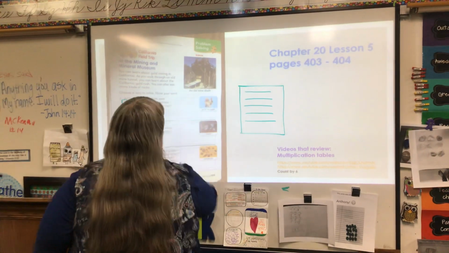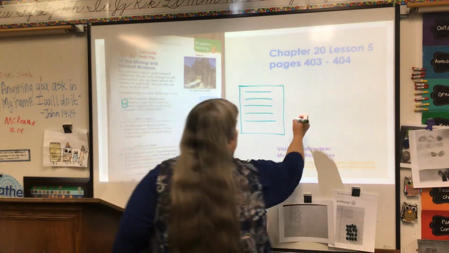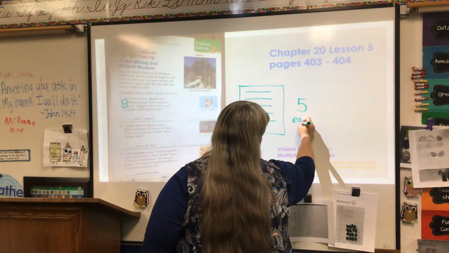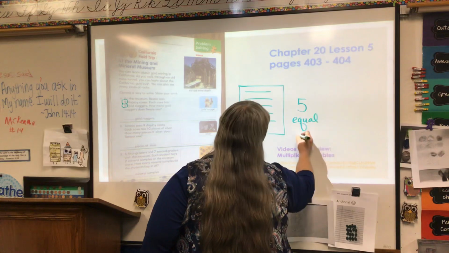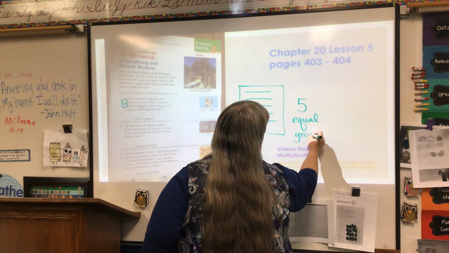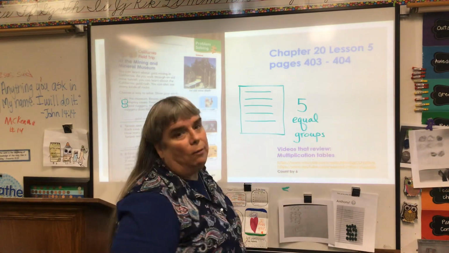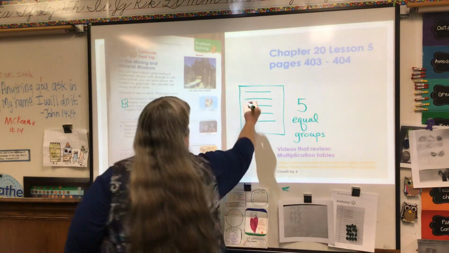But those gold nuggets are pretty large too. So I basically have 5 equal groups. That is super important. 5 equal groups. And in each equal group, there are 3 gold nuggets.